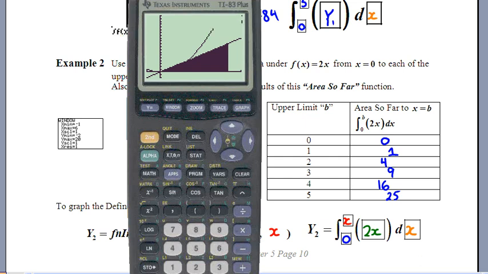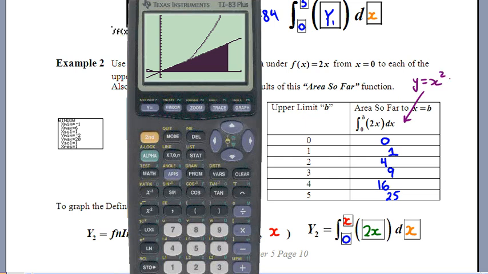So y equals x squared is predicting how much area there is under the graph of y equals 2x, starting at 0 and finishing at wherever you want to stop. It took a while for my calculator to get there, so I'm not even going to ask it to do it again without that black stuff. But it does seem that this area so far machine is just y equals x squared.